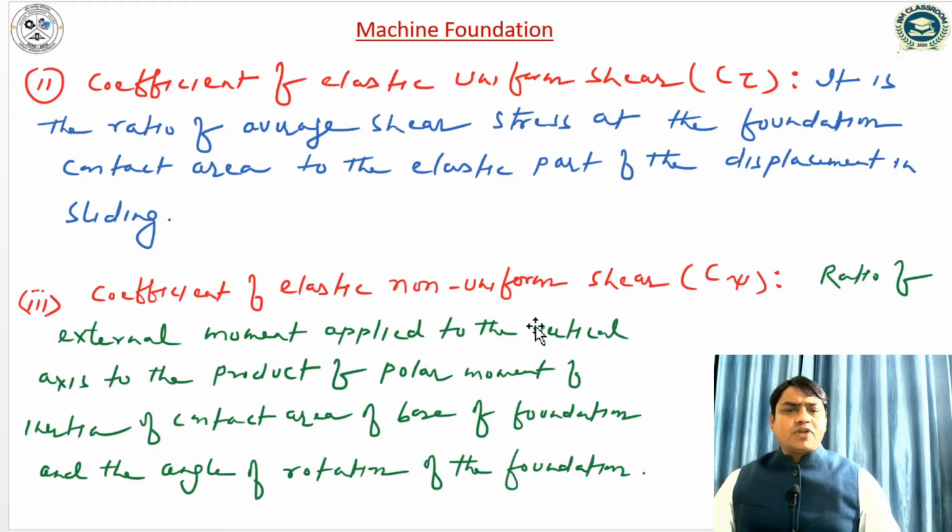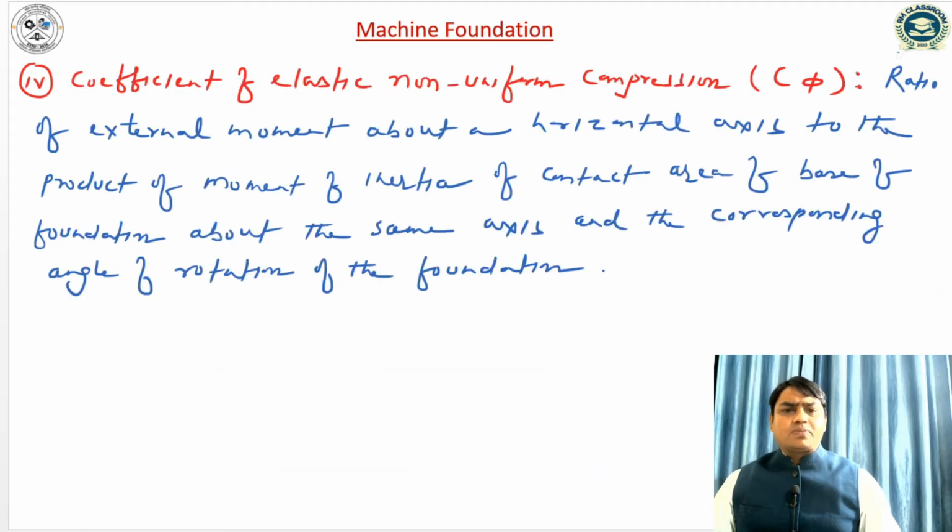Similarly, the coefficient of elastic non-uniform shear is the ratio of the external moment applied about the vertical axis to the product of the polar moment of inertia of the contact area of the base of the foundation and the angle of rotation of the foundation. Similarly, the coefficient of elastic non-uniform compression is the ratio of the external moment about a horizontal axis to the product of the moment of inertia of the contact area of the base of the foundation about the same axis and the corresponding angle of rotation of the foundation.